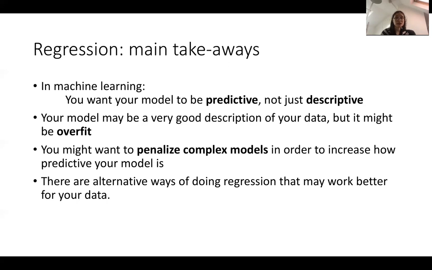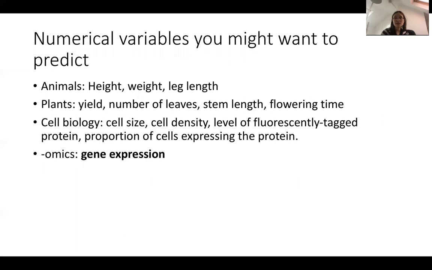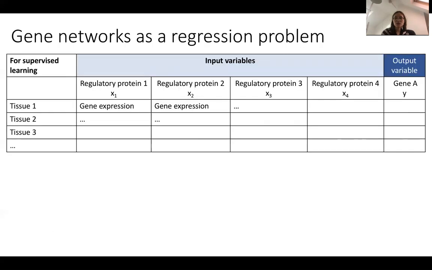Previously, I mentioned lots of different numerical variables that you might want to predict as a biologist. I'd like to focus on one of these, which is gene expression, because regression can be used in kind of surprising ways. For example, regression can be used to help infer gene networks. So in this case, imagine that each row is a different tissue or experimental condition, and each column is a different regulatory protein or gene.